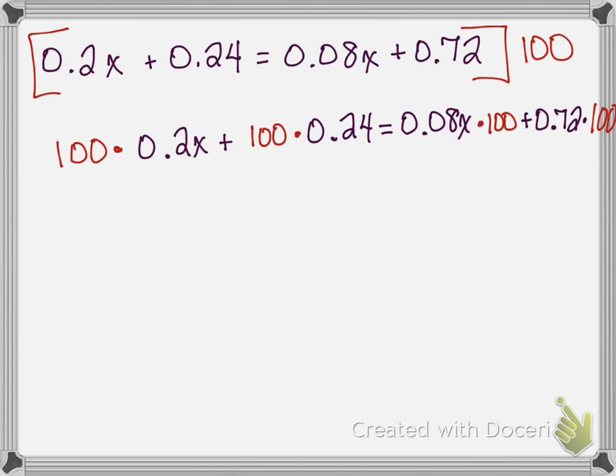Okay. So the purple, or the super dark purple, is my original problem. 2/10x plus 24/100 equals 8/100x plus 72/100. Then in red, I have every single term multiplied by 100. This first one, I've only got one decimal space.